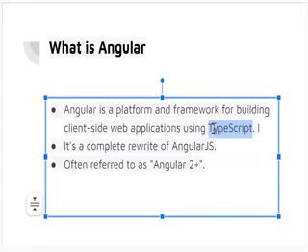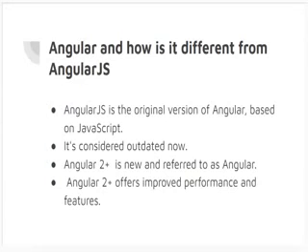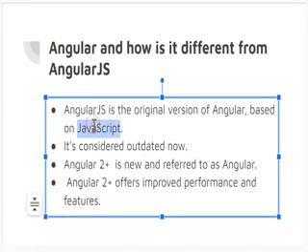And that's also our next question. What's the difference between AngularJS and Angular? AngularJS is the original version of Angular, which was based on JavaScript. This is now considered outdated, and now Angular 2 Plus is the new version, and it's referred to as Angular only instead of AngularJS.